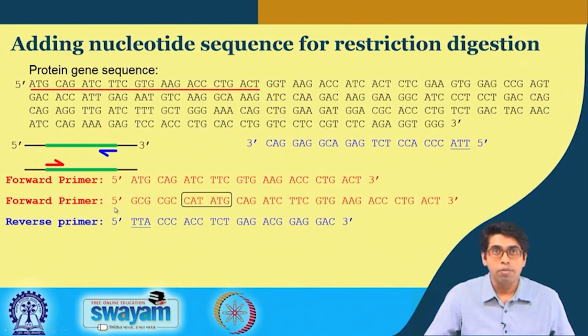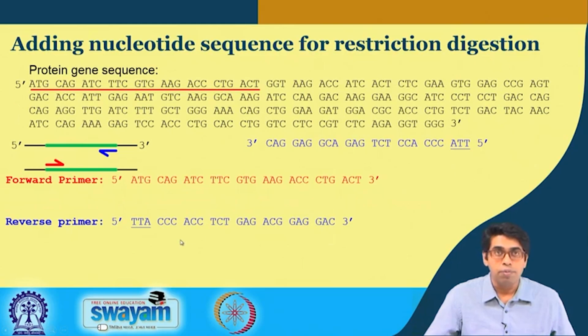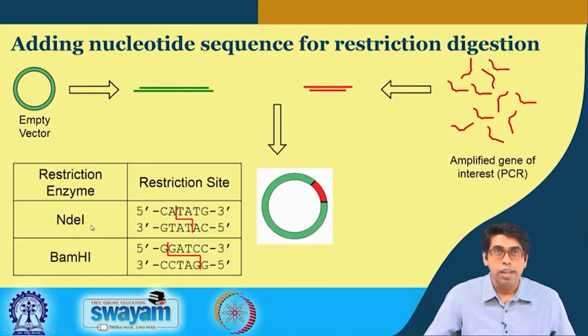So, here is the redesigned forward primer. You will see that from this ATG to this ACT is the same as the gene, ATG to ACT. What we have done is add these extra nucleotides towards the 5 prime end. This CAT and ATG codes for NdeI.